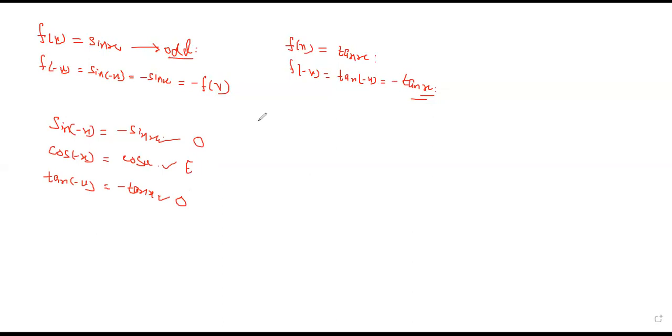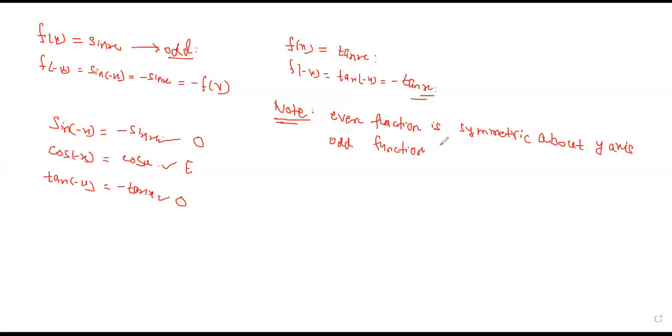Now write down a note. An even function is symmetric about the y-axis. An odd function is symmetric about the origin.